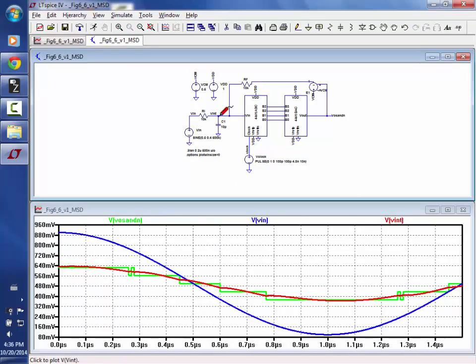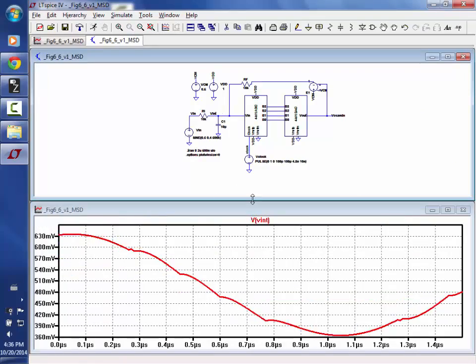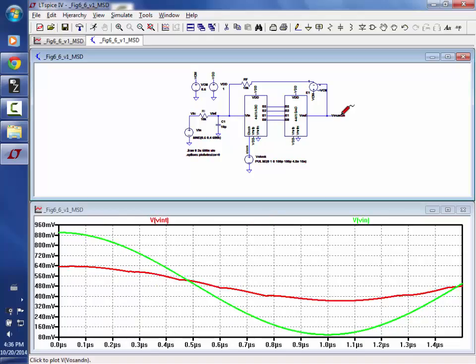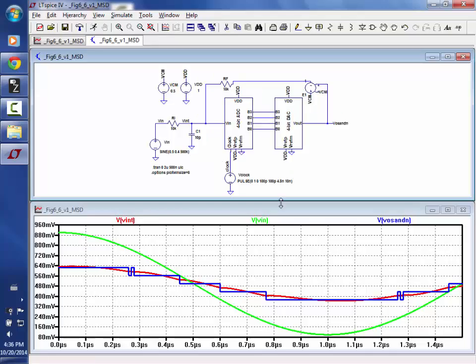And then let's plot V out, or V int. Plot V in and V out. Wait, something's not right. So let's see, V in is the green, V int is that, and then this is V out signal and noise.